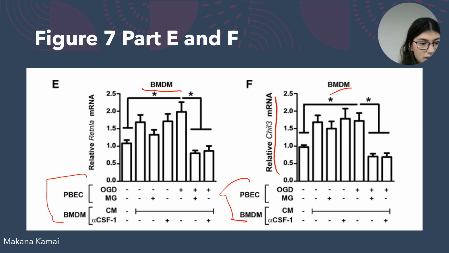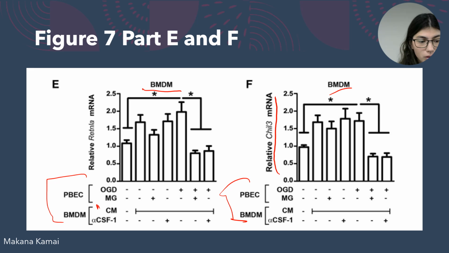So looking at this, the expression of retnla and CHIL3, which are the typical marker genes of non-inflammatory macrophages, was diminished by the CM from MG and OGD challenged PBECs.